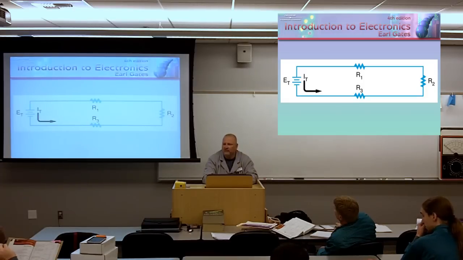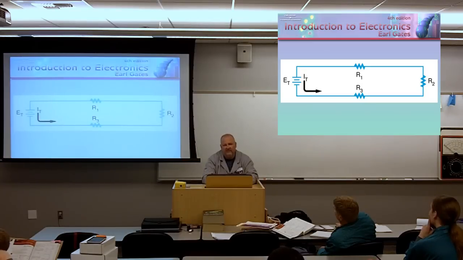I see a voltage source and 3 voltage drops. Voltage rise and 3 voltage drops. 3 loads. I don't know what they are, but I know these loads are connected in series. And I know that all the current that flows out of the negative terminal of my voltage source has to travel this complete path. No place else for it to go.